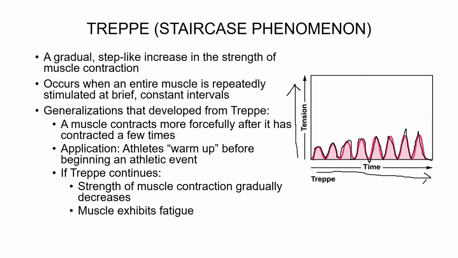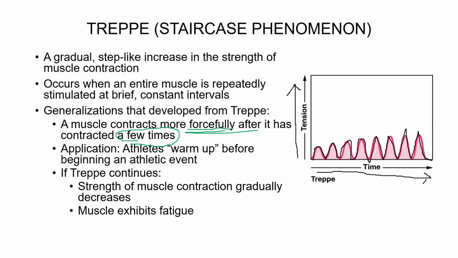So what happens is we are resting the muscle, but we're repeatedly stimulating it to wake it up and get it to its full strength. The whole principle is that the more you contract it, after a few times the more forcefully the muscle can contract. Basically, you're warming it up.